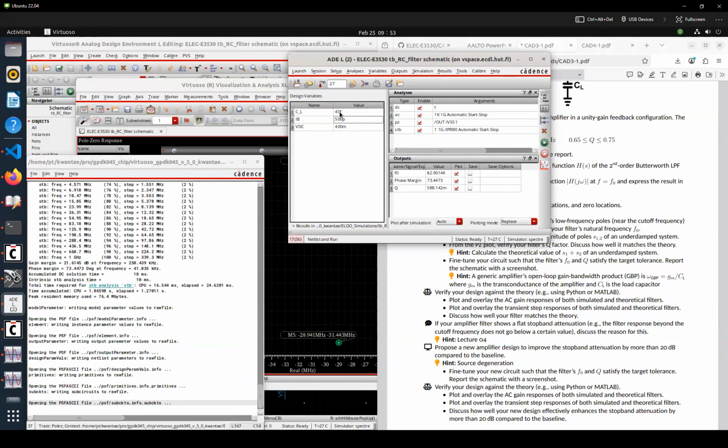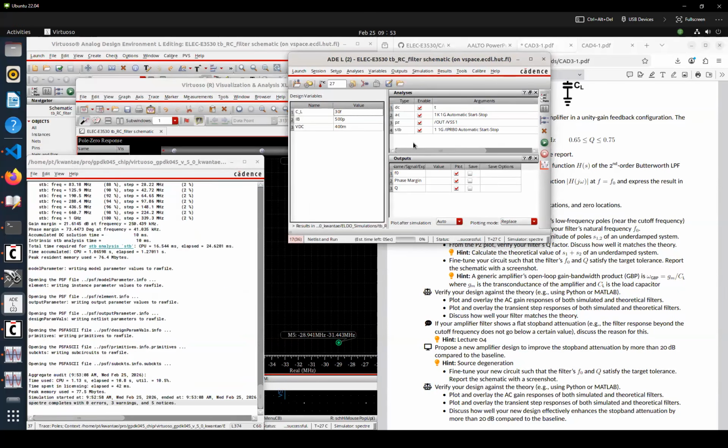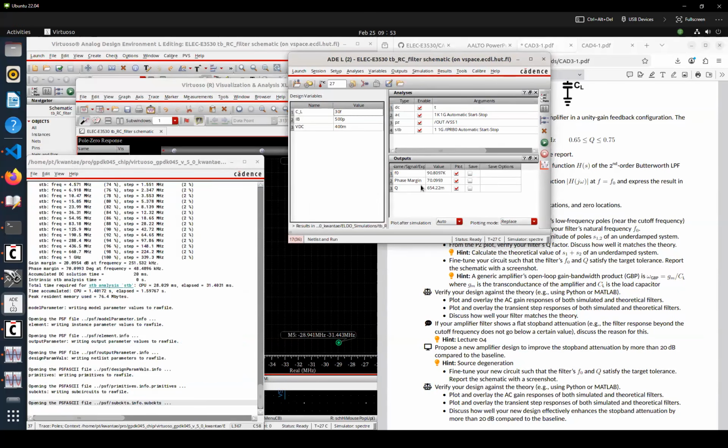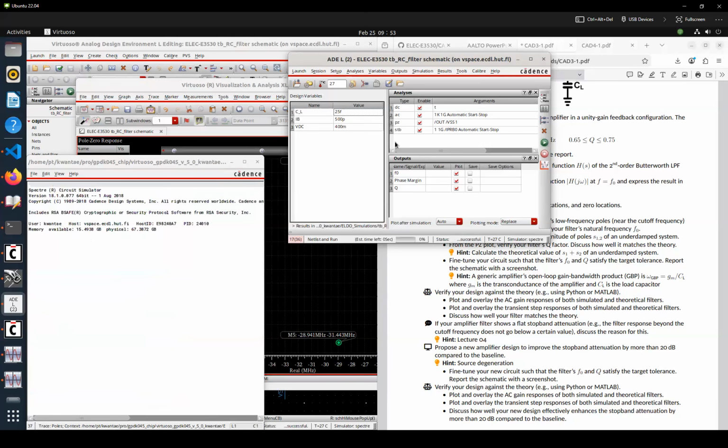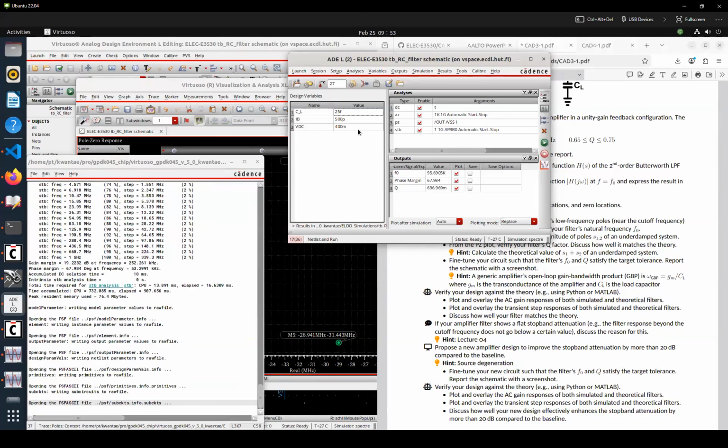Okay, 82. Maybe we can control this capacitance, 30. Then we can decrease phase margin. Yeah. Then we can further decrease to 0.5. Let's say 20.